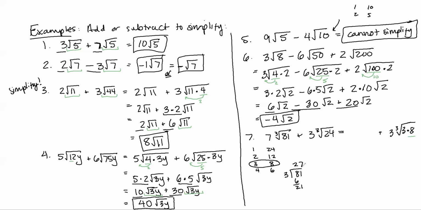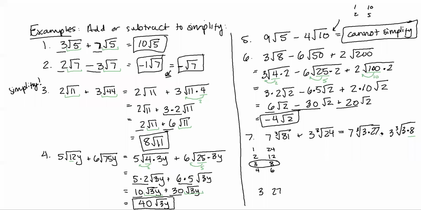So in order to get 81, we can do 3 times 27. And 27 is a perfect cube. 27 is 3 cubed. So let's change this 81 to a 3 times 27.